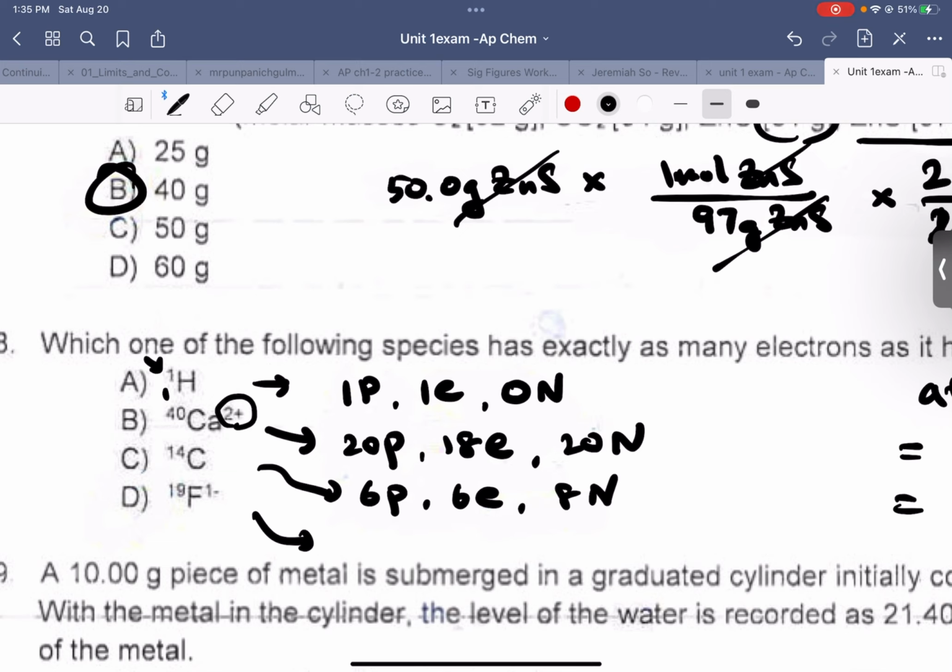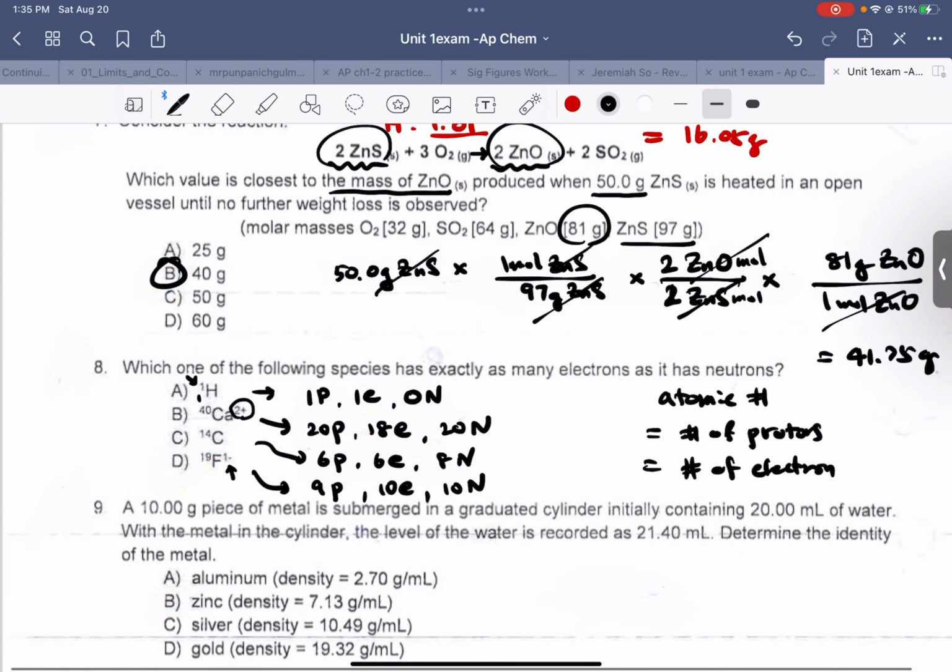Its atomic number is 9, right? Atomic number 9 means 9 protons. And this one gained 1 electron, so 10 electrons. And 19 minus 9 is 10 neutrons. Okay, so that's what that is. Now, it said exactly as many electrons as neutrons. So you see that that one is the same. So answer D is the right answer.